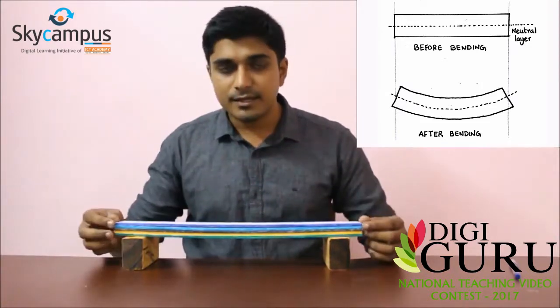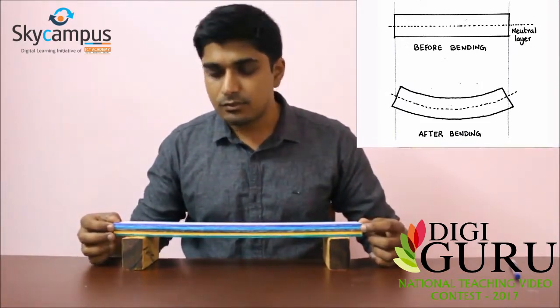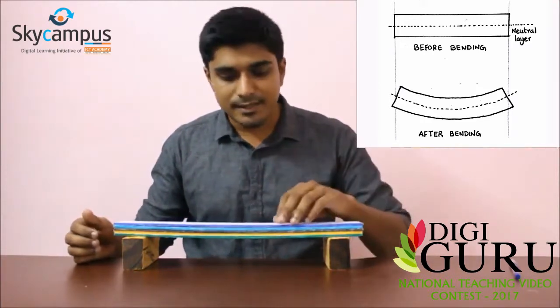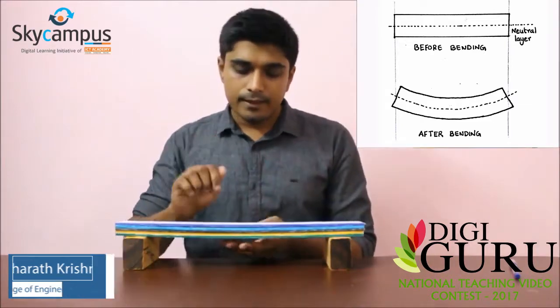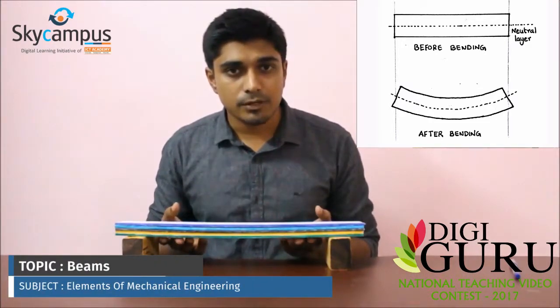Now the topmost layer undergoes the maximum amount of compression. The layer just below that, the second layer, undergoes compression but to a lesser extent than the topmost layer. The bottommost layer, the one in green color, undergoes the maximum amount of elongation, and the layer just above that, the one in yellow color, expands but to a lesser extent than the bottommost layer.